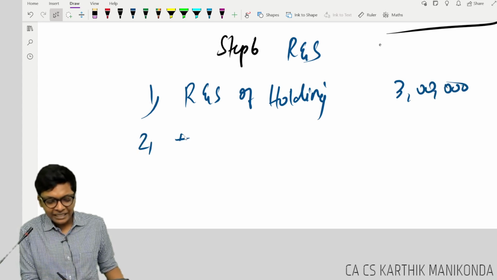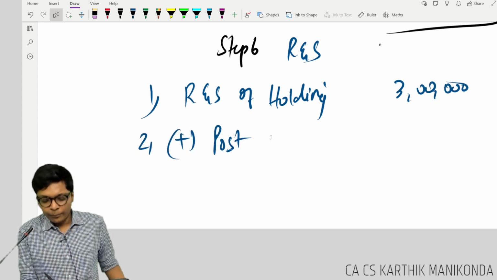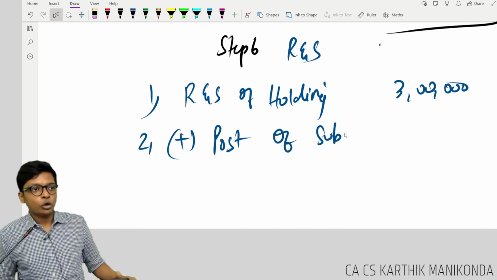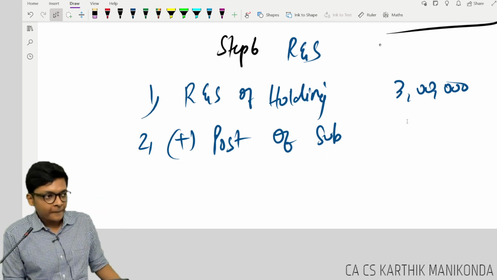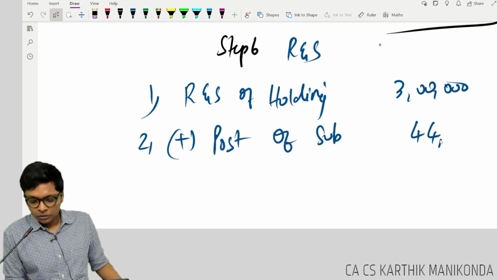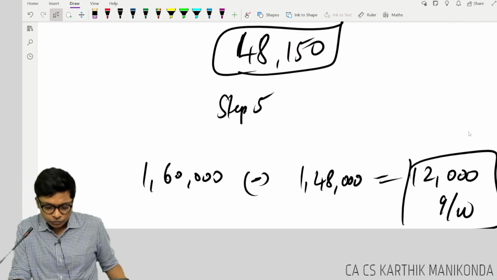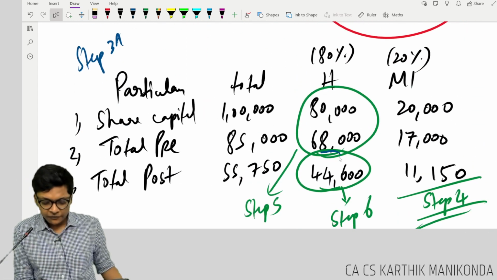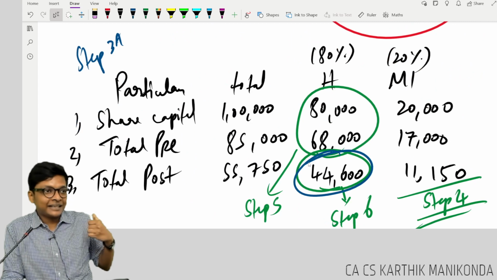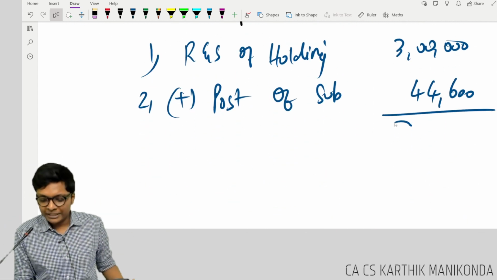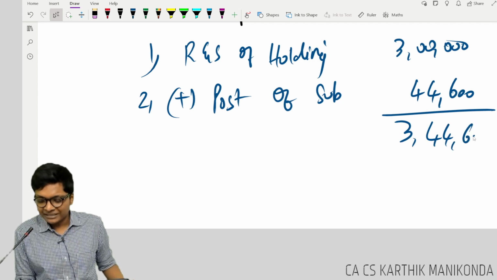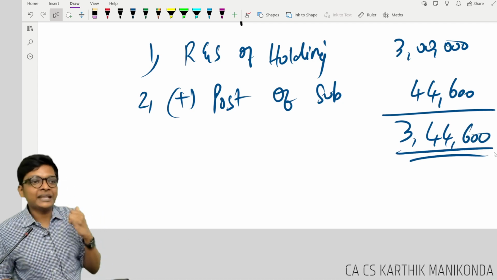Simply I will add what, guys? Post acquisition of subsidiary which belongs to holding. Do I have to compute? No. Above table, how much? 44,600. The table, guys. If the table is wrong, forget the whole sum. You will get 3,44,600.